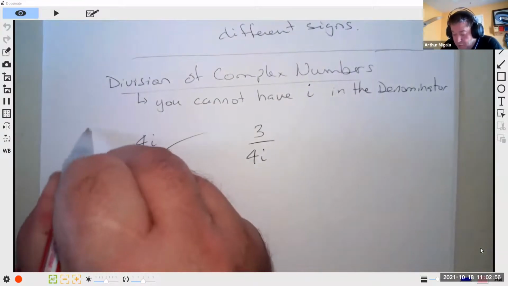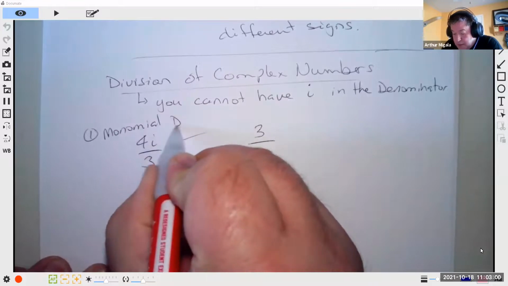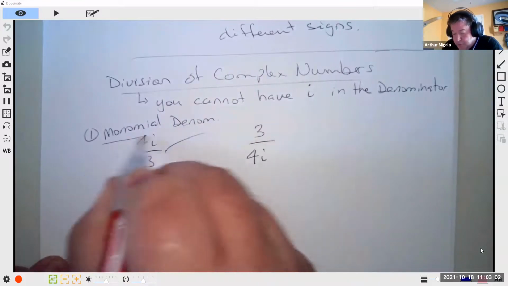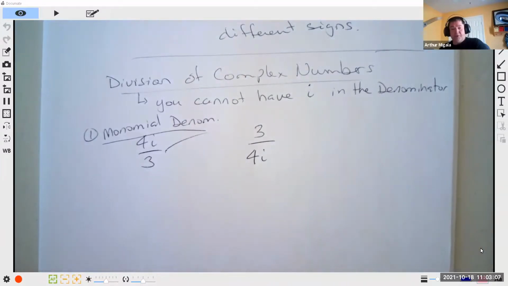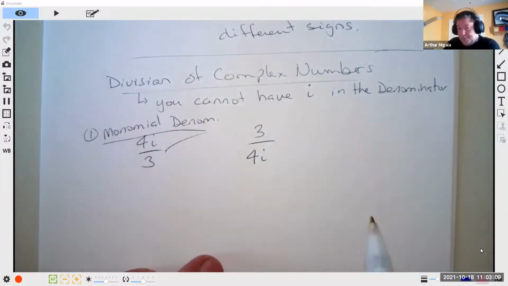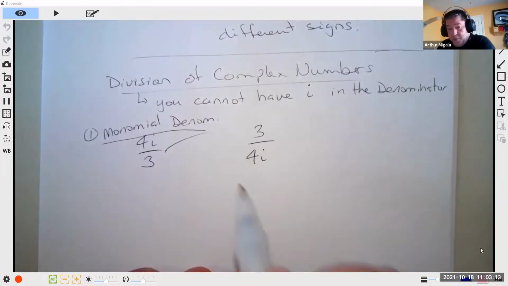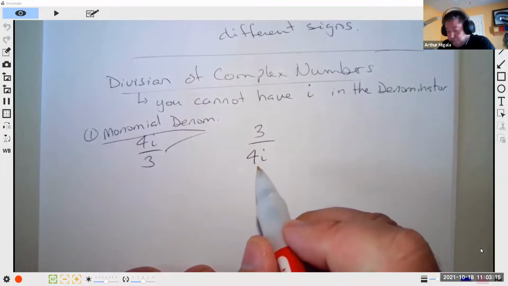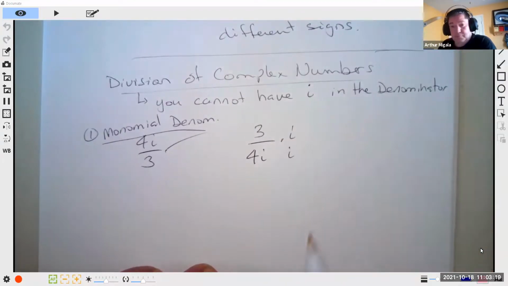we're going to look at, first off, monomial denominators. In other words, you only have one number on the bottom. There's no plus or minus on the bottom. So if you have a monomial in the denominator, just multiply the top and bottom by i.